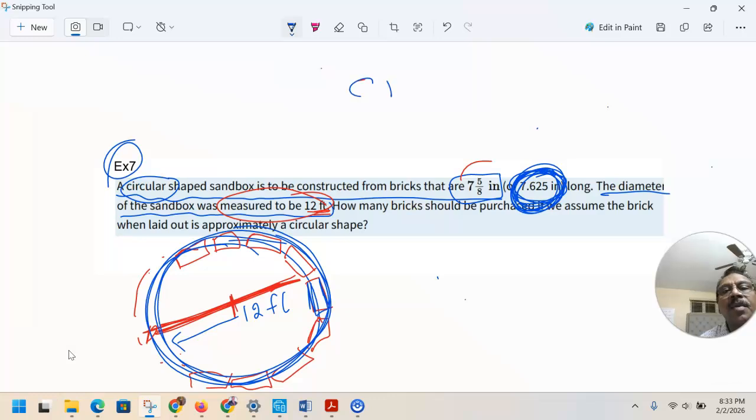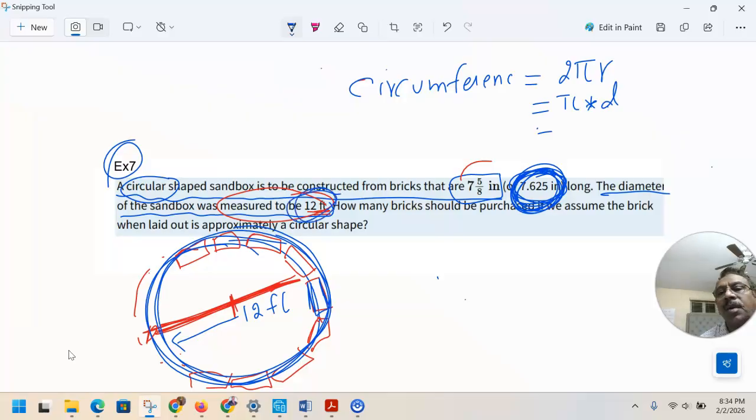Let's find out the circumference, the distance all around. The circumference is 2 pi r, which is also pi times the diameter. I'll write it directly, because they gave us the diameter.